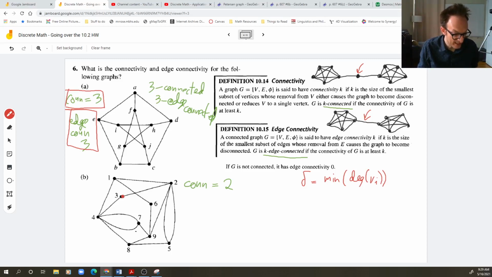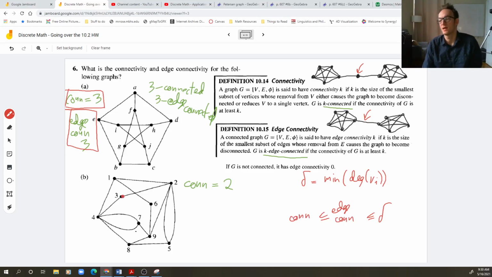And then what did he say? Basically, it's like this: the degree of this minimum degree vertex has to be greater than or equal to the edge connectivity, which has to be greater than or equal to the connectivity.